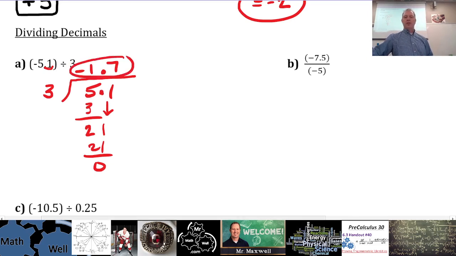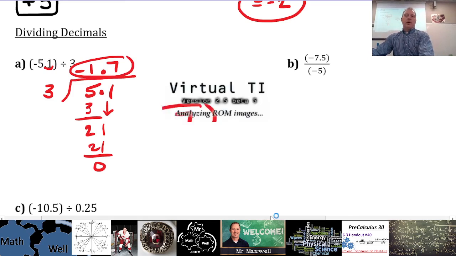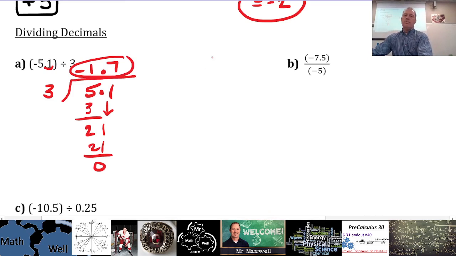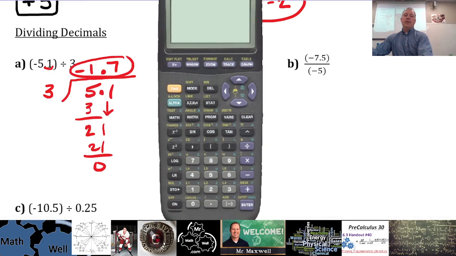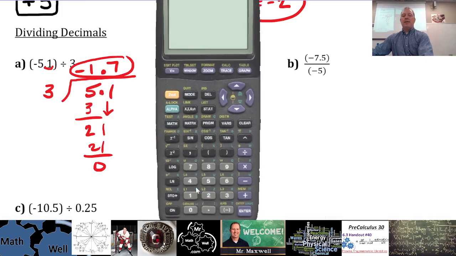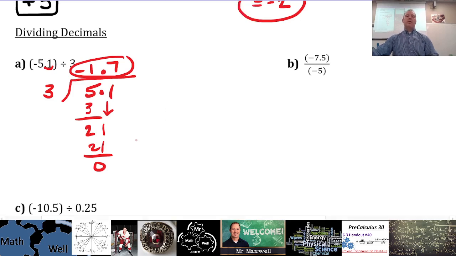You can check that on your calculator. I would encourage that if you're unsure. And yeah, you need to know how to do this by hand like you used to be able to, so practice it once in a while. So negative 5.1 divided by 3 is negative 1.7. Look at that, we got it.